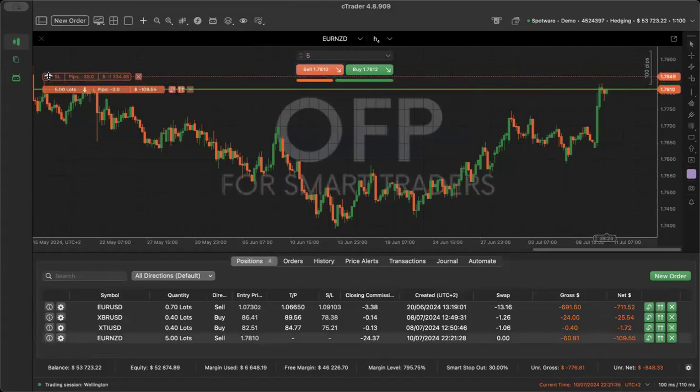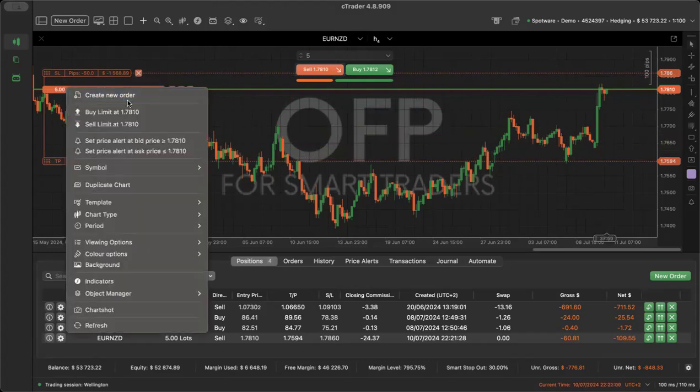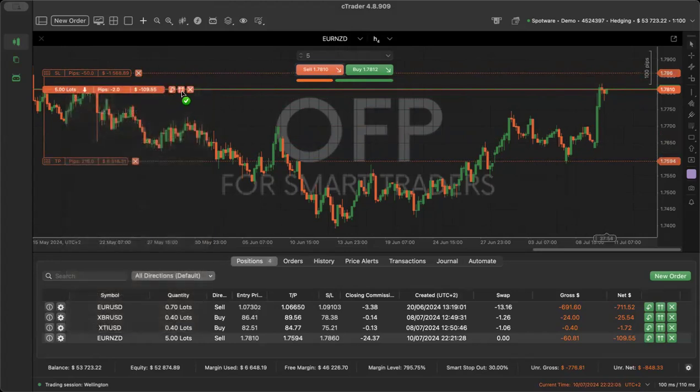Oh, 5 lots is a bit more. So this is like $1,000 lost on this one. So I believe a good stop loss could be somewhere around here, like 7, 8, 600. Then take profit all the way down here. For those traders who don't know how to close the trade partially, you're going to see it here, close position.